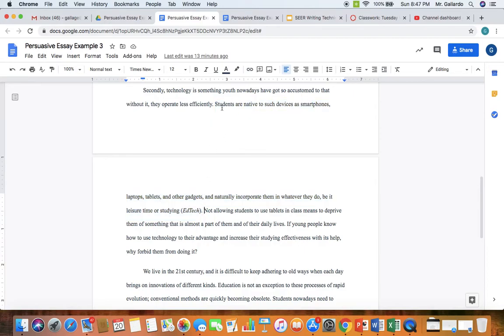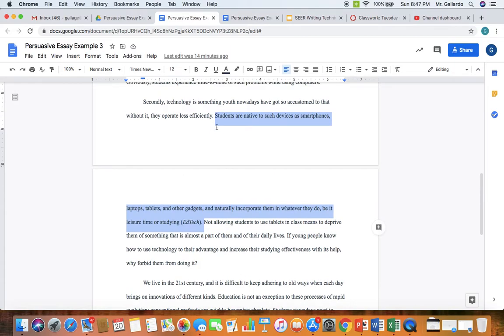And after this evidence is added to the essay, this part right here is explaining that students would benefit most if the use of tablets would be implemented into their daily school because it's part of their daily life. So because it explains this piece of evidence, that's why it is a 2.